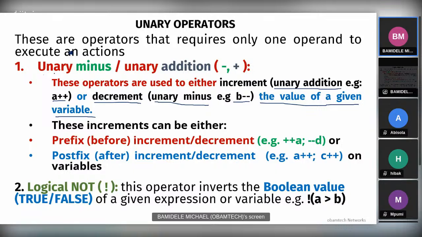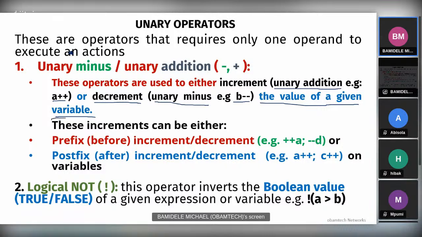So types of the unary operators, we have the unary minus and the unary addition. What does this mean? These are used to perform arithmetic on the operands. Part of the arithmetic that can happen is increment or decrement.